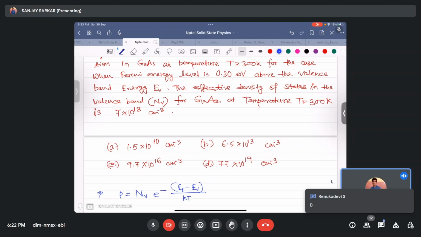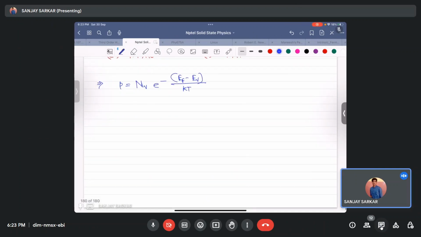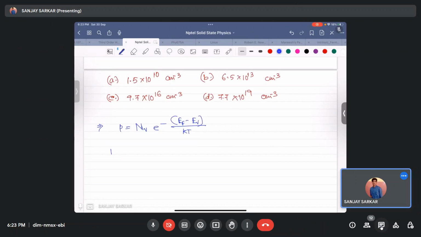So Renuka Devi is saying option B is correct. Yeah, so option B is correct for this. As you can see, everything is given in the question.